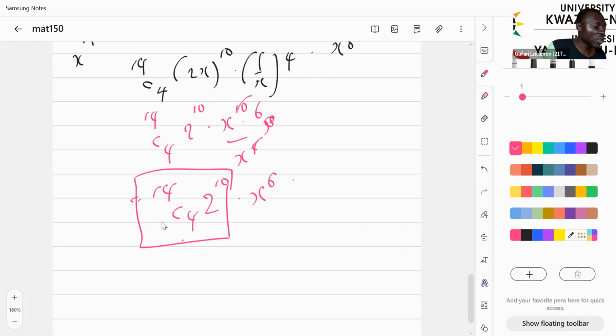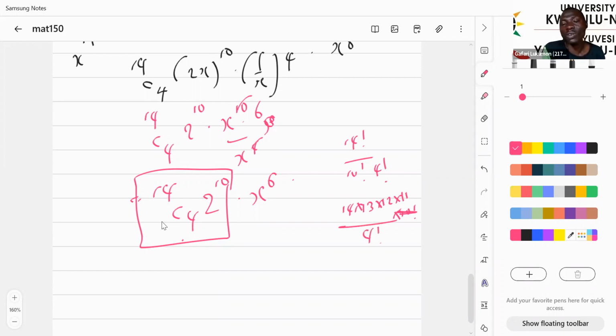Even if you want to find 14 combination 4, you are going to have 14 factorial divided by 10 factorial, 4 factorial. You understand? Anybody with a calculator, this will give me 14 times 13 times 12 times 11 times 10 factorial. Let me remove the 10 factorial.